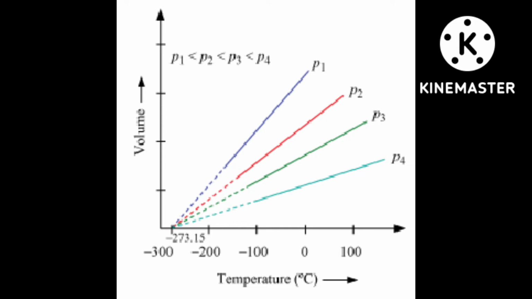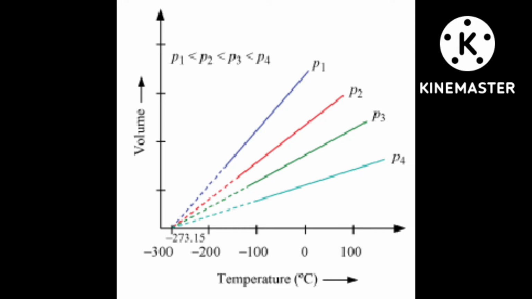The Kelvin scale of temperature is also called the thermodynamic scale. An objective type question they will ask: what is the thermodynamic scale? Then the Kelvin scale is also known as the thermodynamic scale of temperature and is used in all scientific works.